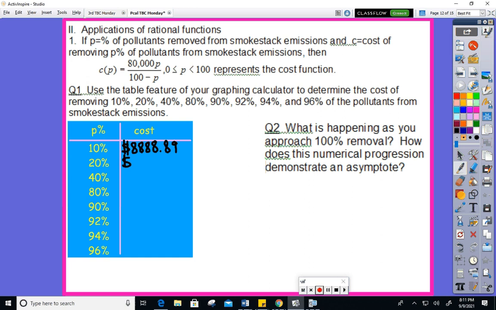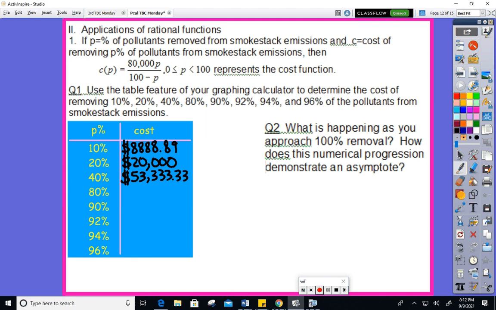If I double the cleanliness of the smokestack emissions from 10 to 20%, notice I go from about $9,000 to $20,000. That more than doubles my cost. Well, if I double my percentage again, instead of just going from $20,000 to $40,000, I'm going well over the double price point.